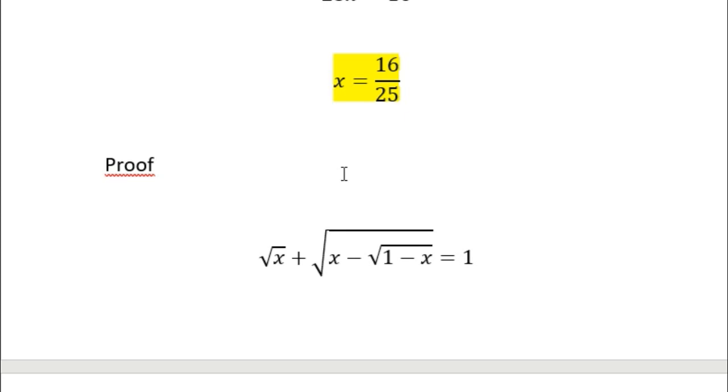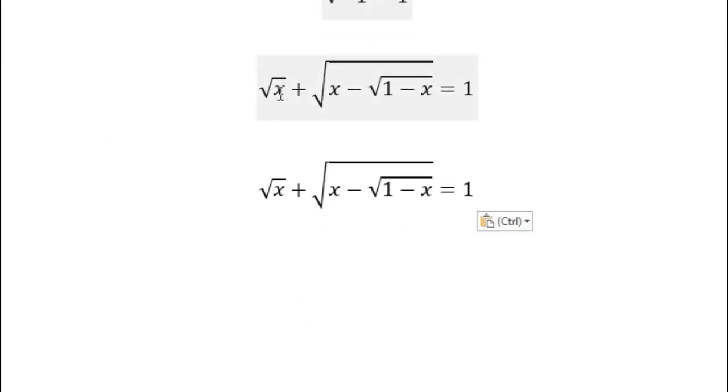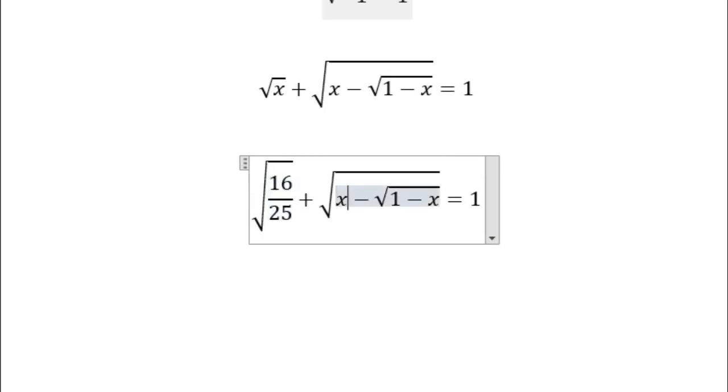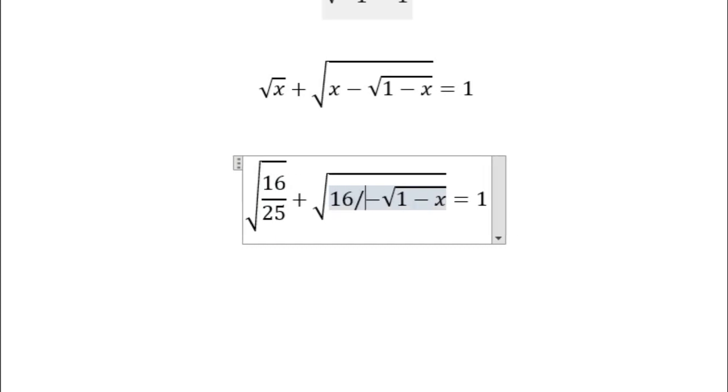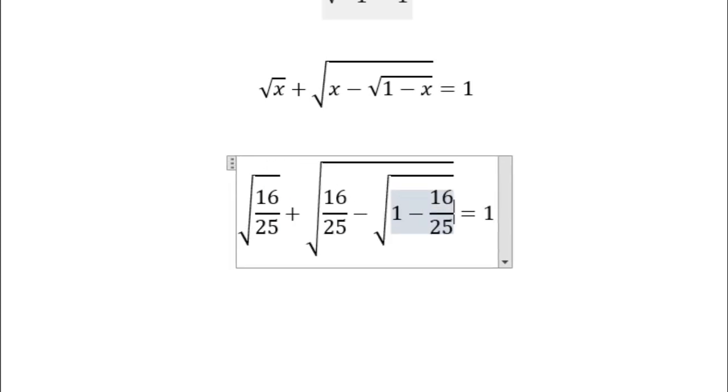Let's try the second answer. x equals 16/25. So, let's do this. Let's substitute each x for 16/25. So let's do that. Square root of 16/25 plus square root of 16/25 minus square root of 1 minus 16/25.